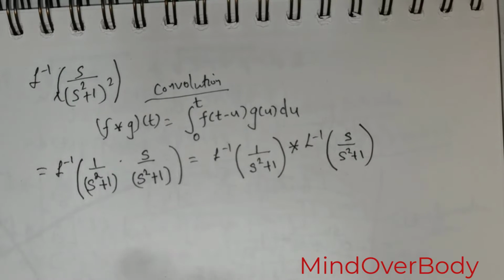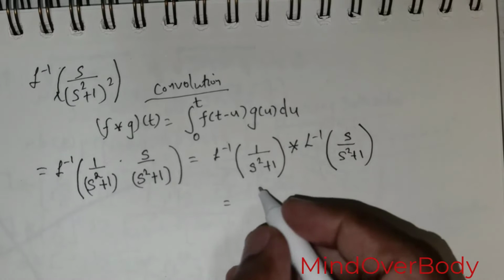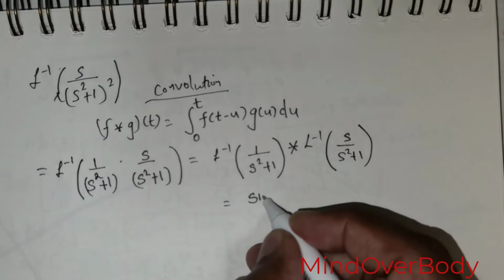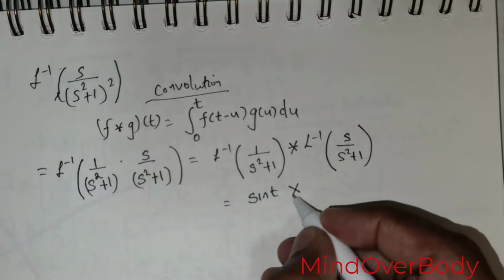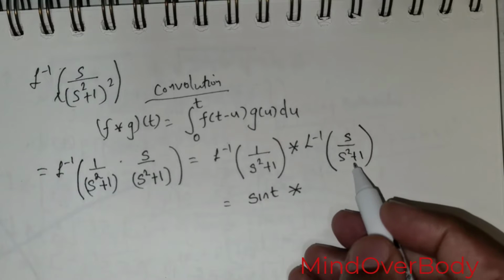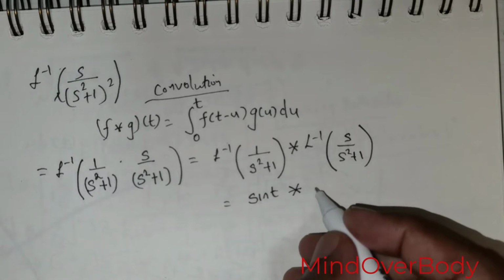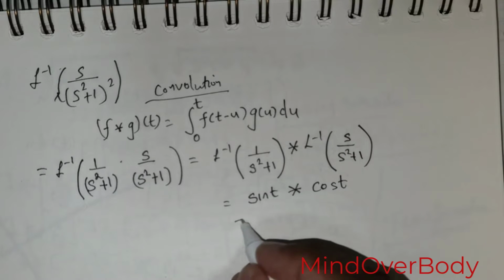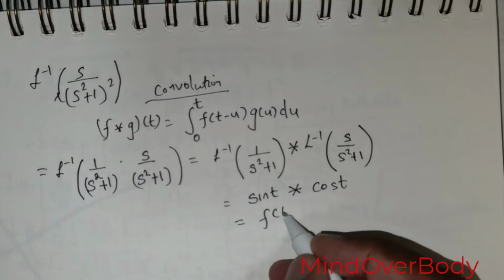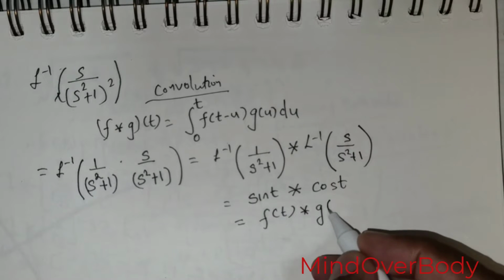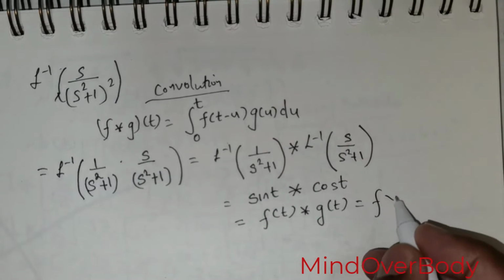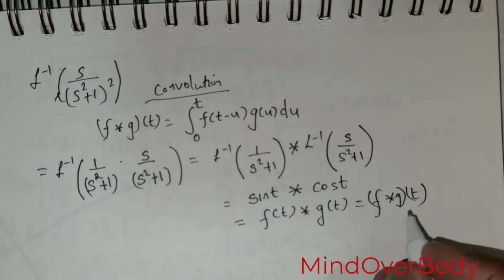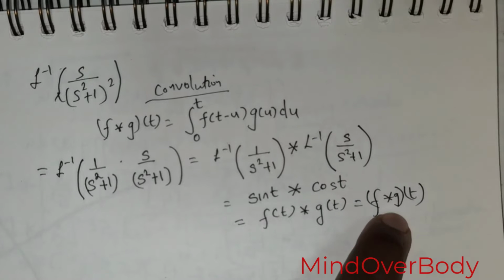Now, L inverse of 1 over s squared plus 1 is going to be sine t, and that is convoluted with L inverse of s over s squared plus 1, which is going to be cos t. So you have two functions, f of t star g of t, which is nothing but f star g of t. So this is what we are looking for.